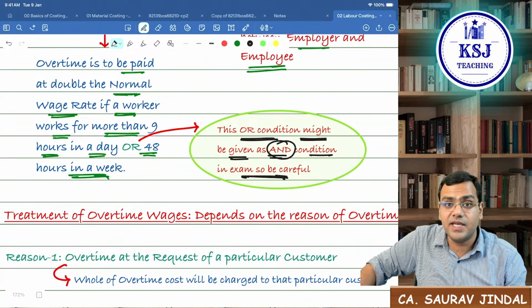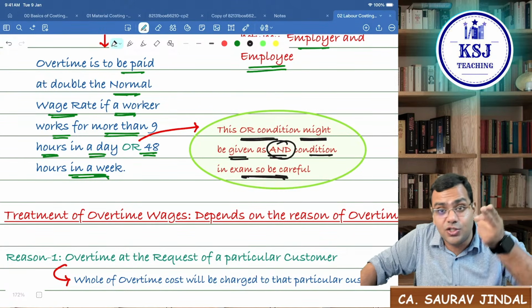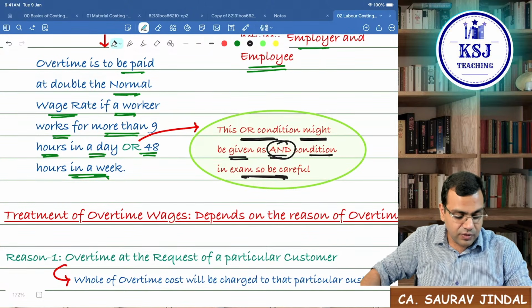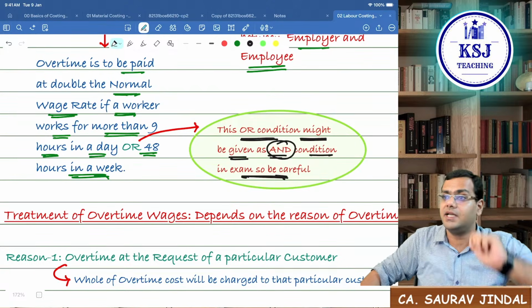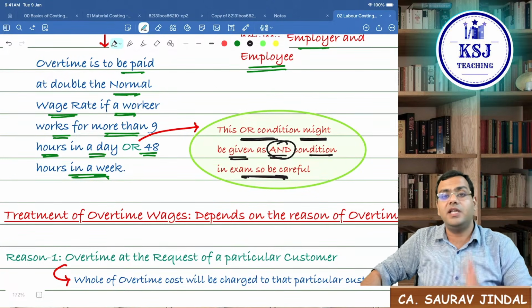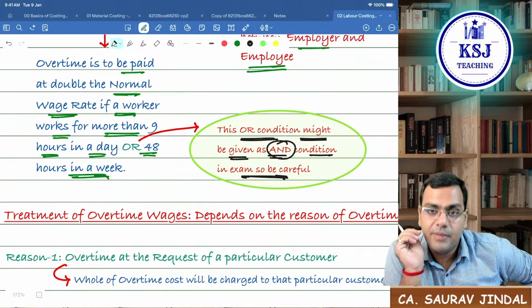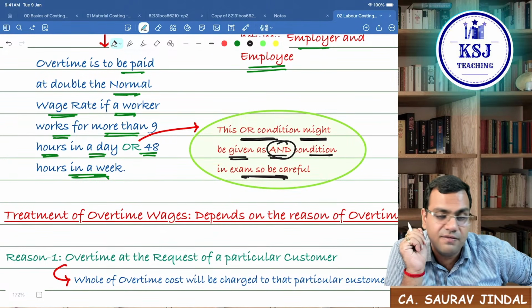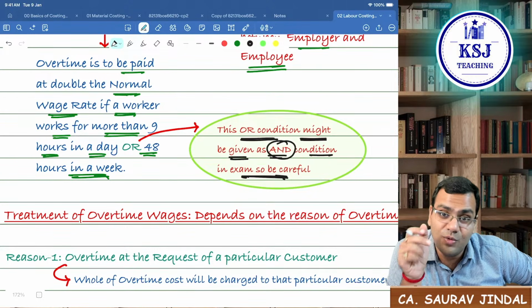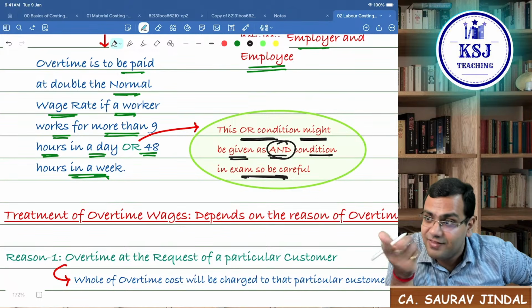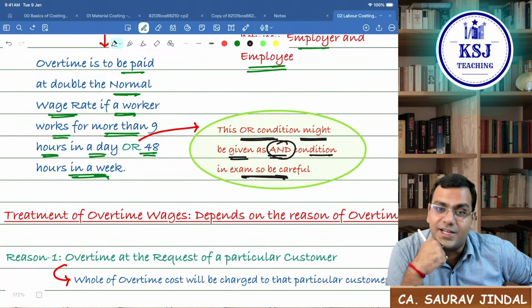So both conditions should be satisfied. If one is not satisfied, if he is working 9 hours in a particular day but less than 48 hours in a week, then he is not entitled to overtime. If he is working more than 48 hours but not more than 9 hours in a day, then again he is not entitled to overtime.